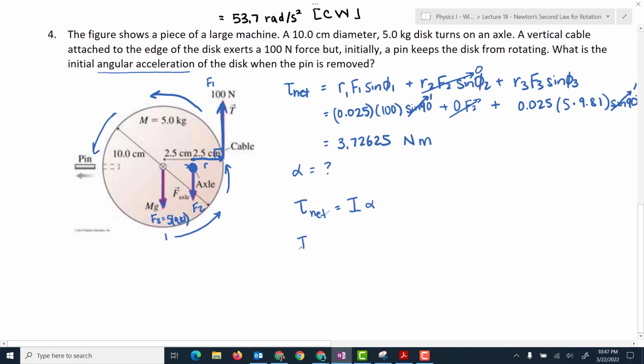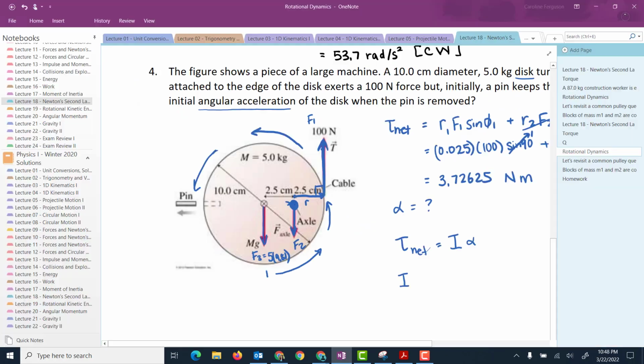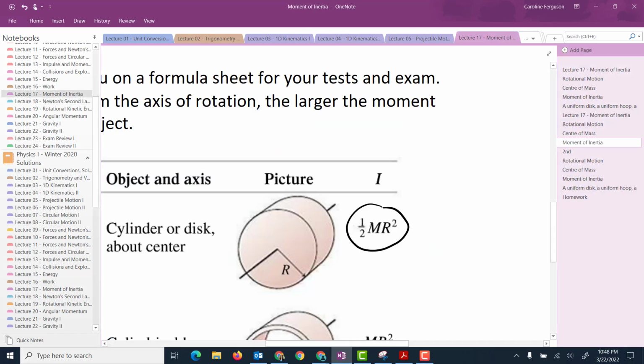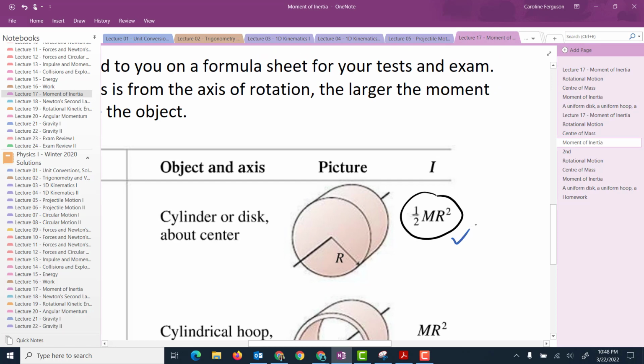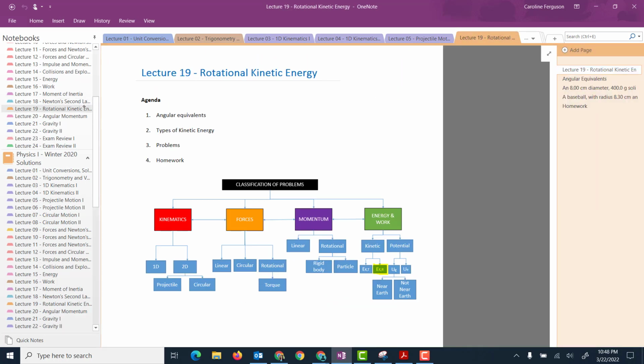So moment of inertia. This is a solid disk. It tells you we have a disk. It doesn't say anything about it being hollow. It shows that it's shaded in all here. So it's just a solid disk, and we can look at the formula sheet again, just so that we remember where that's all located. We have a solid disk, that's this one here. The moment of inertia is 1/2 mr squared.